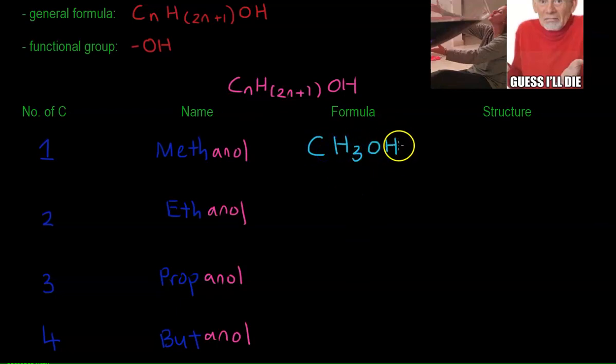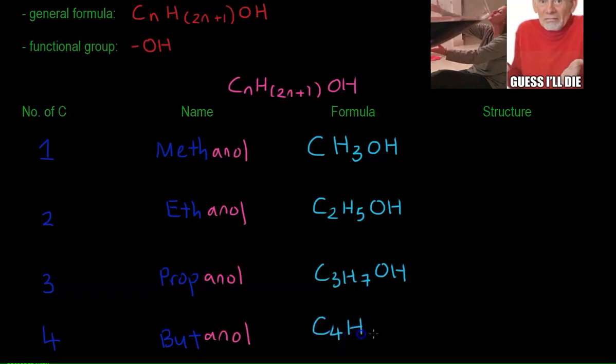Do not combine the H with this, so do not write CH4O, because this OH should stand alone on its own as it's a functional group. The next one will be C2H5OH. Next will be C3H7OH. Finally, butanol is C4H9OH. So they all end with OH, because it's the functional group.